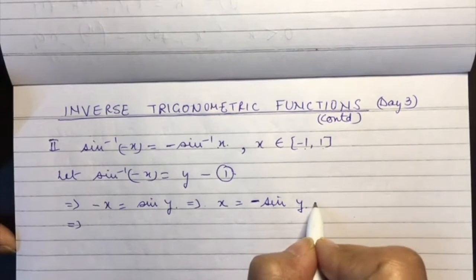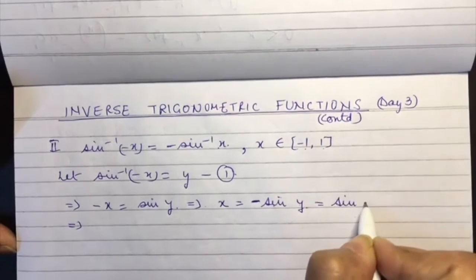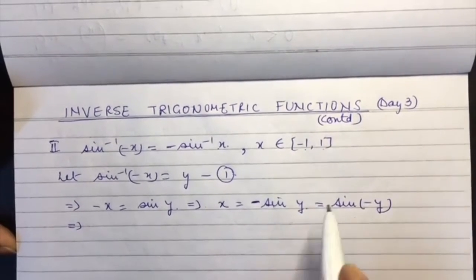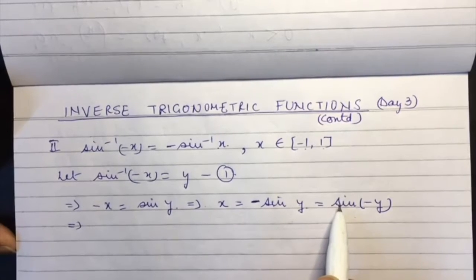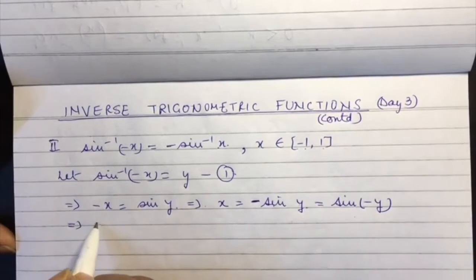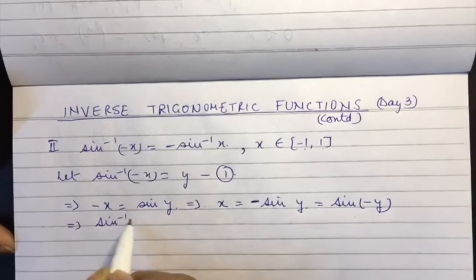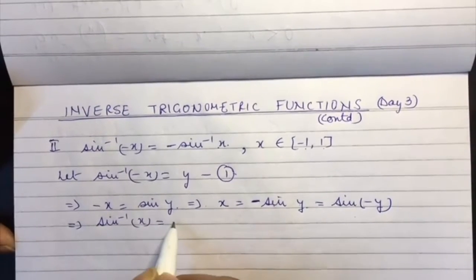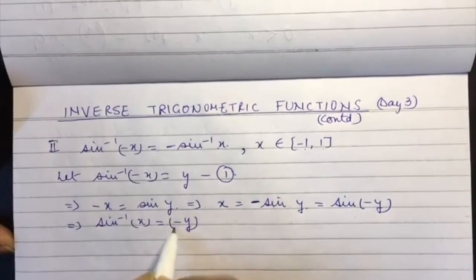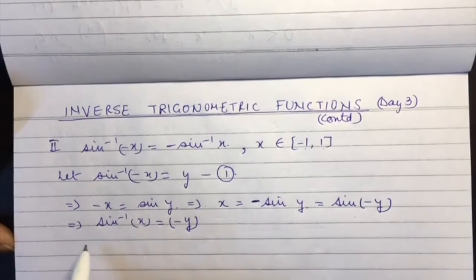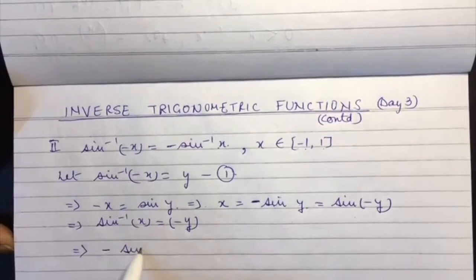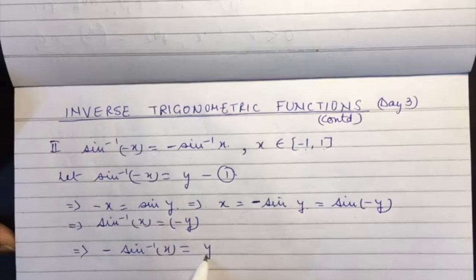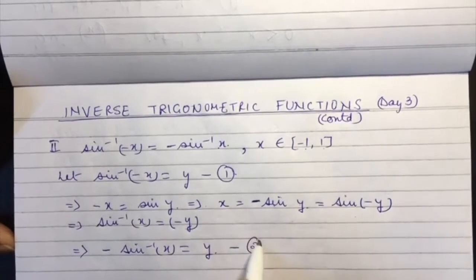And so what we can do is write it as sine of minus y. Now take this sine to this side and we get sine inverse x is equal to minus y. This gives us minus sine inverse x is equal to y, call it equation number 2.